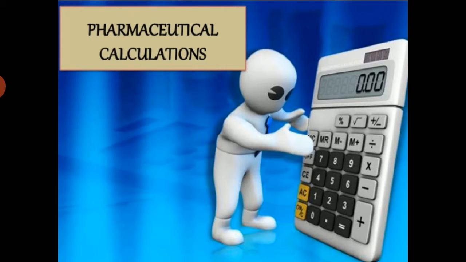If we discuss pharmaceutical calculations, before discussing the calculations involved in dispensing of drugs, it is very necessary to have a thorough knowledge of the weights and measures which are used in calculations. These weights and measures are discussed as follows.